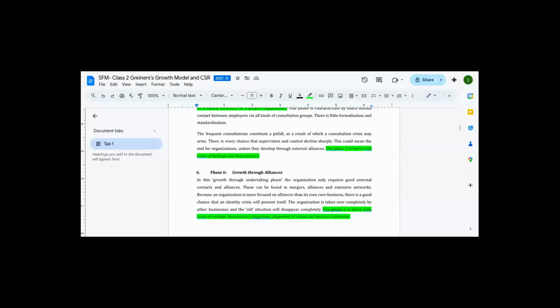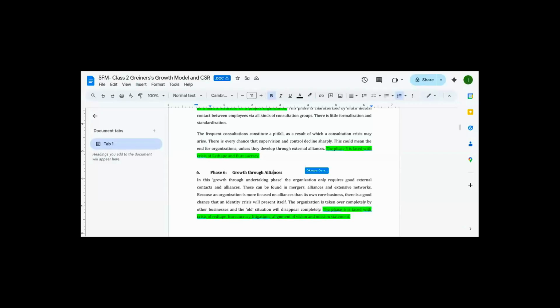And that crisis of bureaucracy requires external alliance, consultancy, diversification of investments, benchmarking, and staff training for us to have an enhanced and improved performance at phase 5. Phase 6 is the phase of growth through alliances.